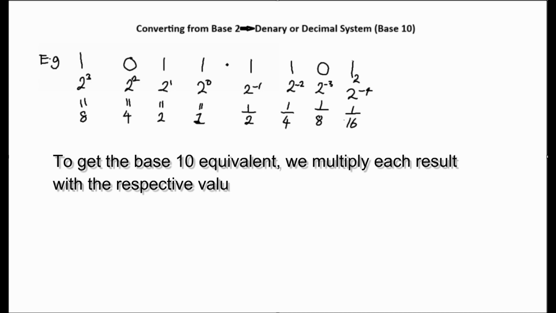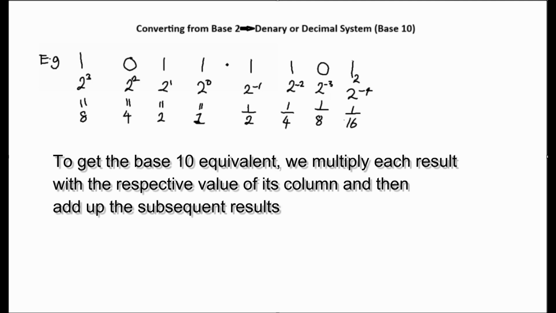Now, in order to get the base 10 equivalent, we multiply each digit with the value of its column and then add up the subsequent results.